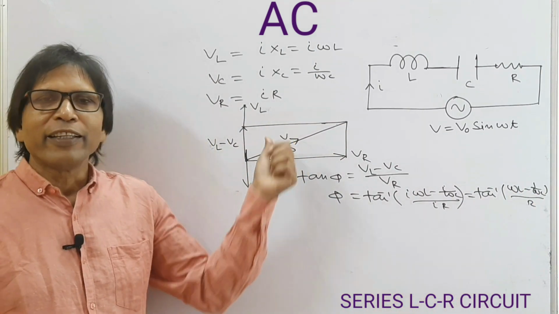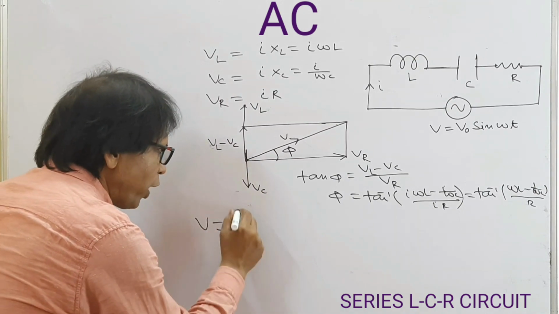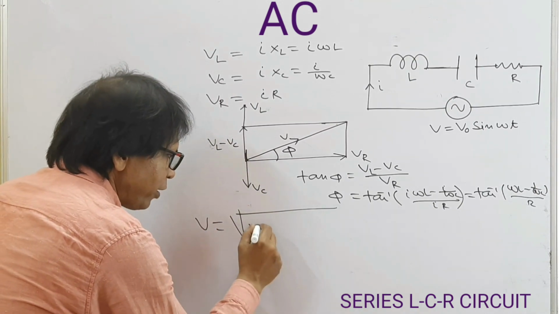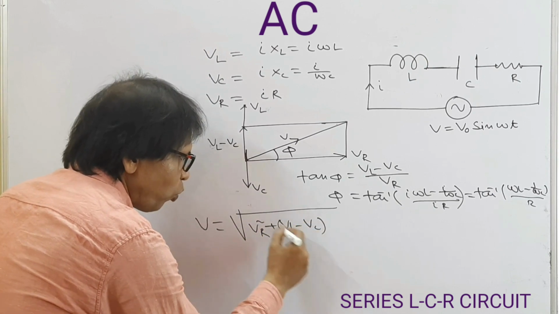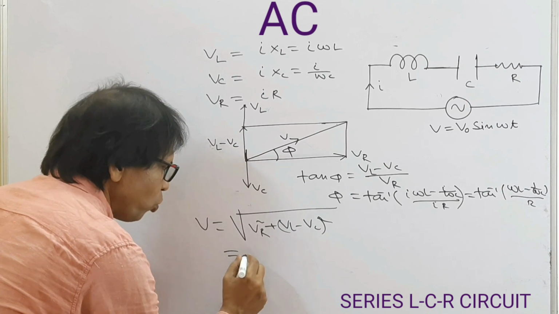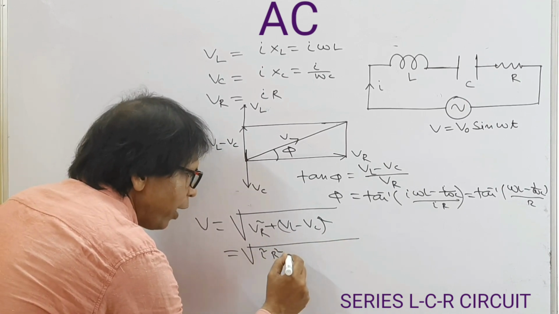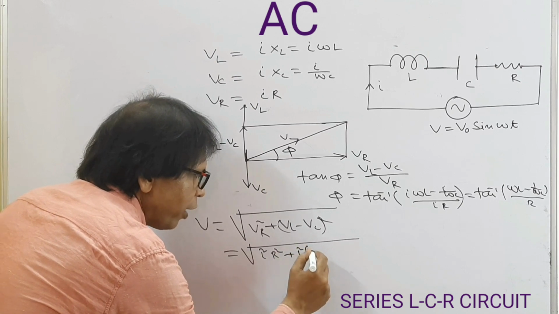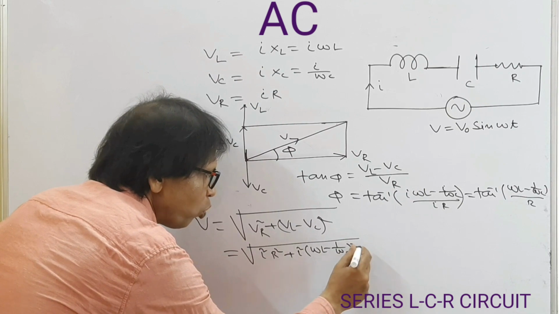Now look at this, the resultant voltage V equals root under of VR square plus VL minus VC whole square. Now put the values: this is I square R square plus I square into omega L minus 1 by omega C whole square.